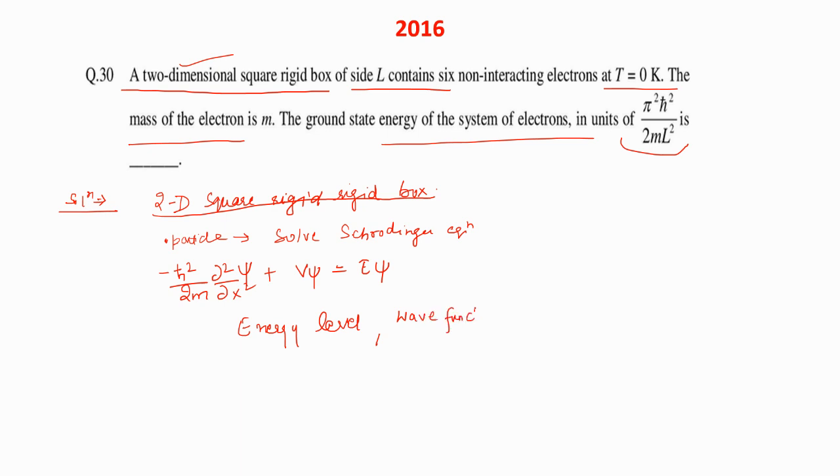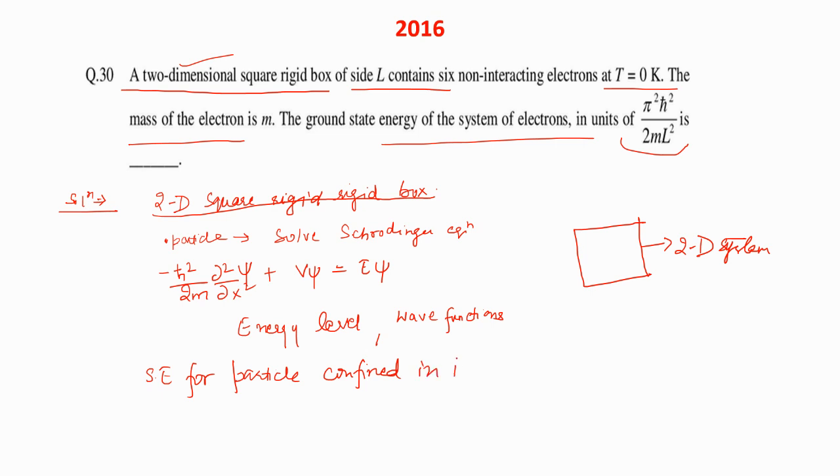Now coming back to the question. You are given a square rigid box and it is a 2D system. How many of you are aware of a particle in an infinite square well potential? Have you done it? Okay, so you have solved the Schrodinger equation for a particle confined in an infinite square well potential.